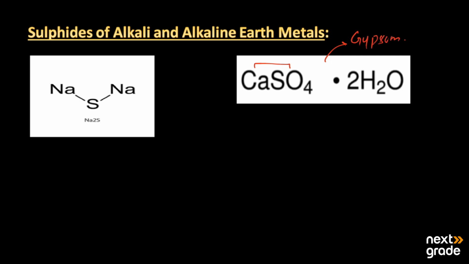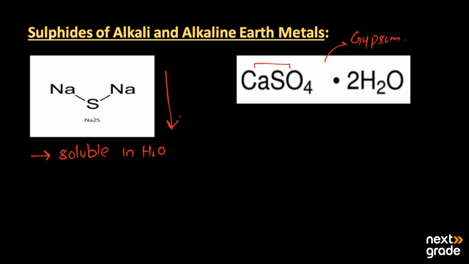On the other hand, all the alkali metals give sulfates and they are all soluble in water. When their solubilities are studied, their solubilities decrease down the group.